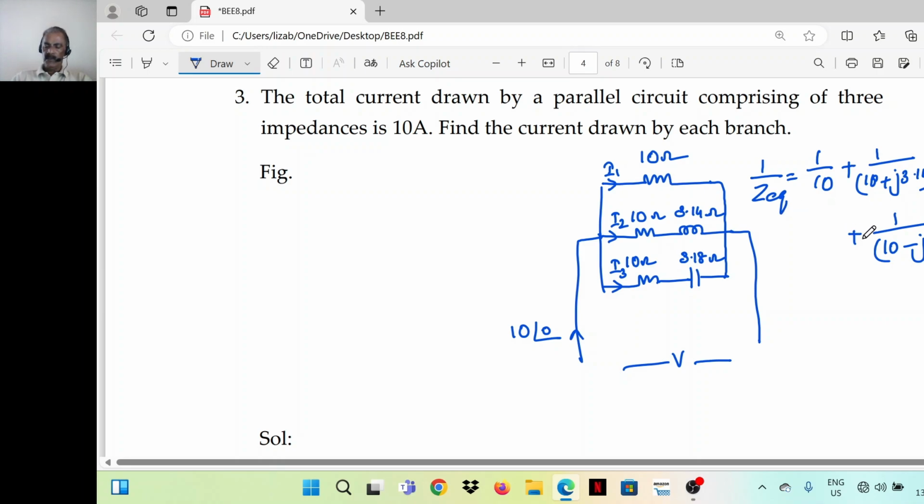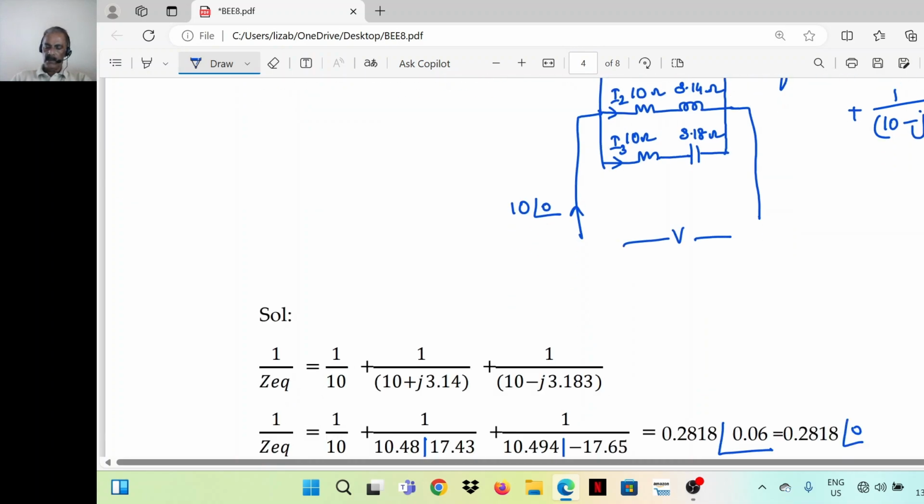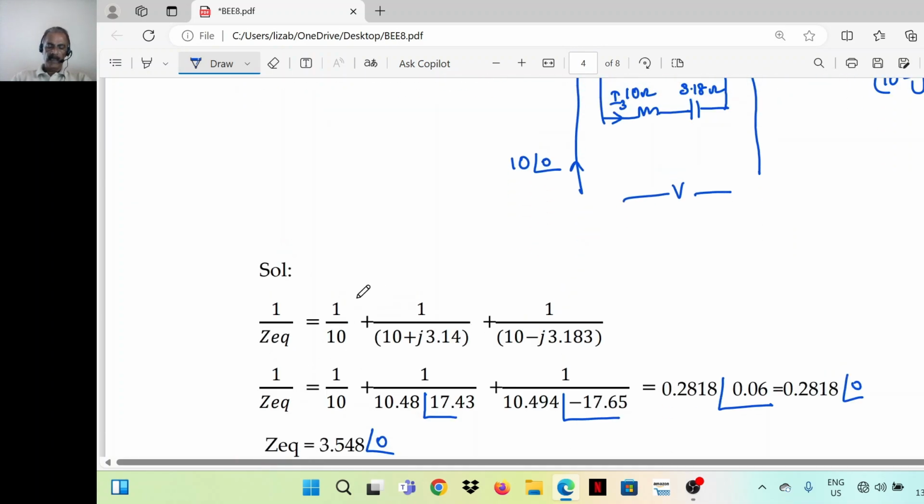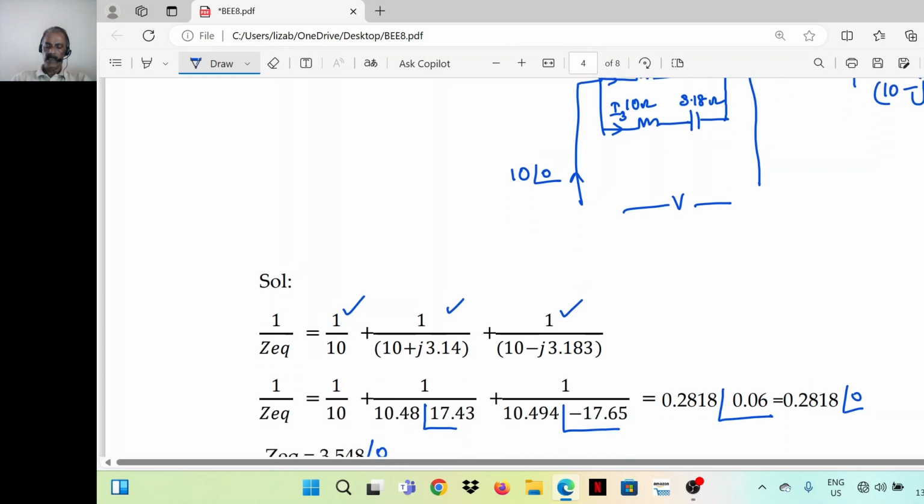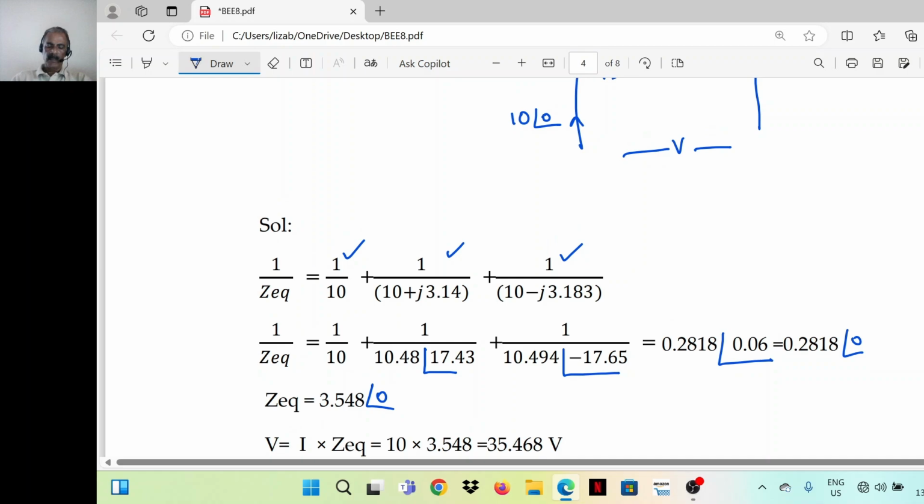So this can be solved as 1 by Z equivalent equals 1 by 10, plus 1 divided by 10 plus J 3.14, plus 1 divided by 10 minus J 3.183. So these denominator quantities convert to polar form, divide and add, you will get 0.2818 angle 0.06.